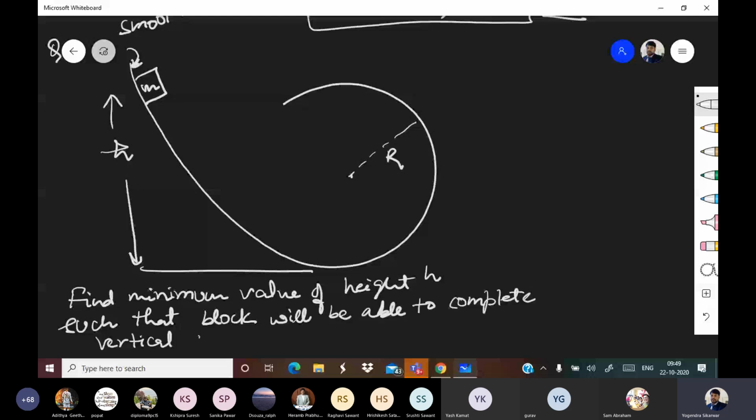So what we need to do is find the minimum value of height h such that the block is able to complete the vertical circle. This situation is almost similar to when an object is tied to a string. So the same concept, same values can be used here also. Please solve.